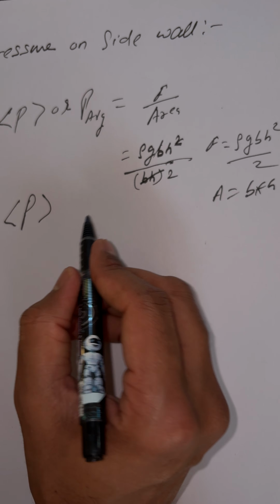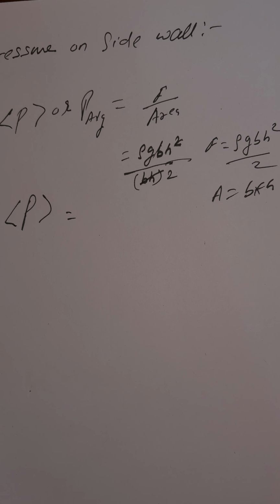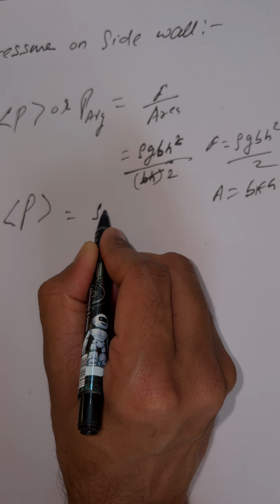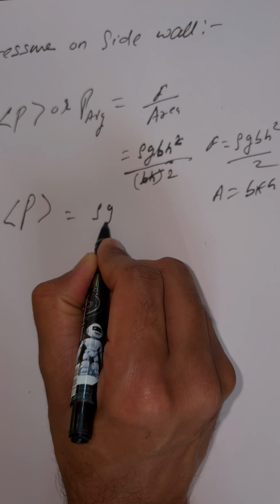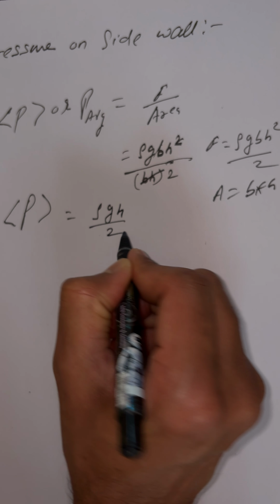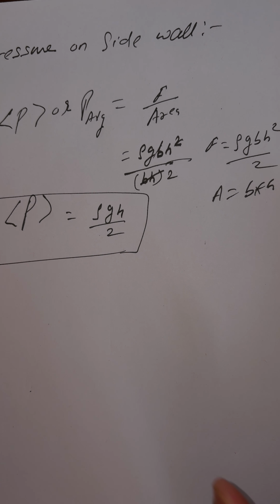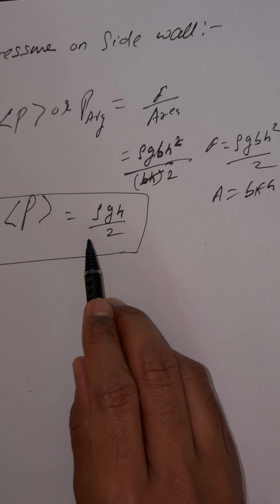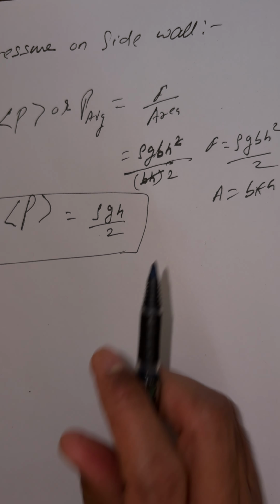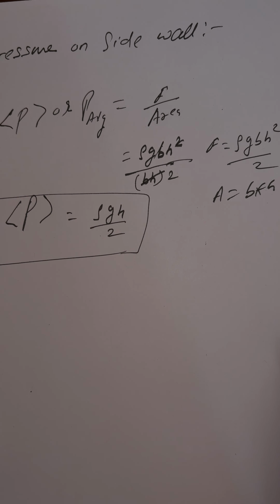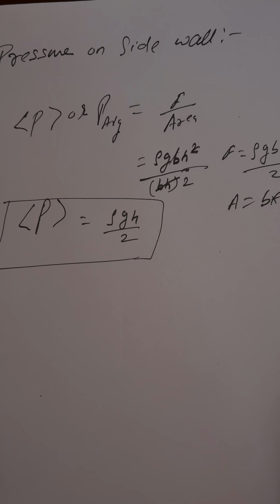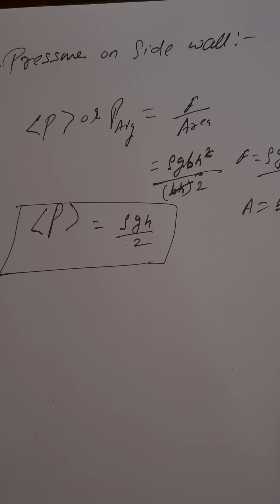Pressure average is equal to rho g h by 2. So I'm giving you one short trick, though there is no such proof. For memory, you can also use pressure is rho g h C1. There is no mathematical formula, I'm just giving you an idea to remember the average pressure on the side wall of the container.